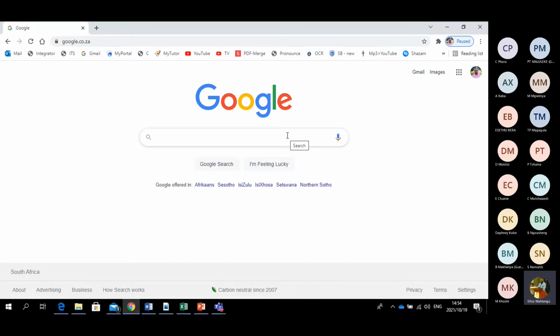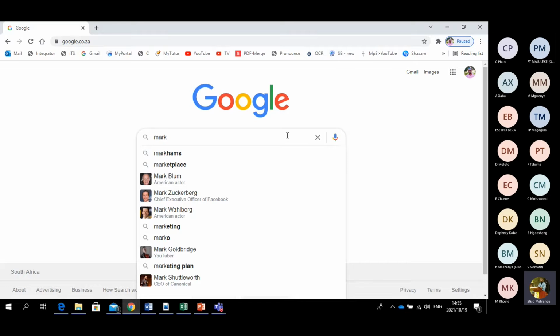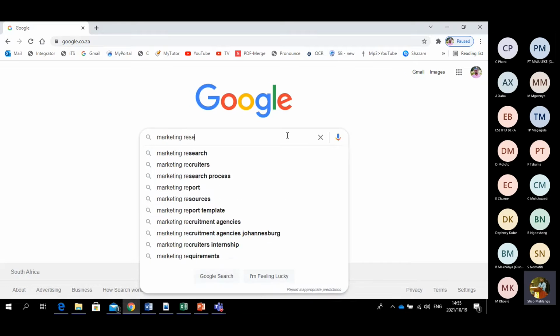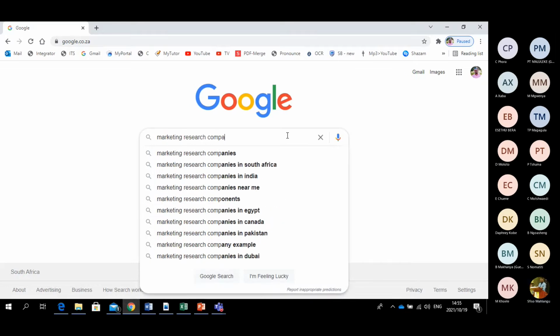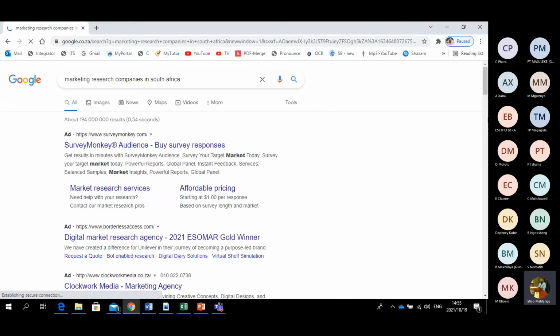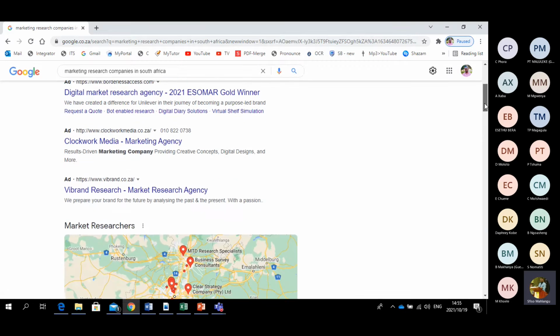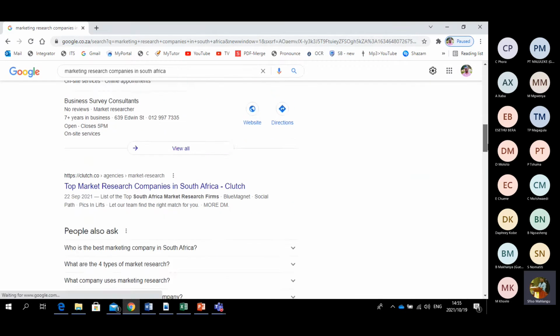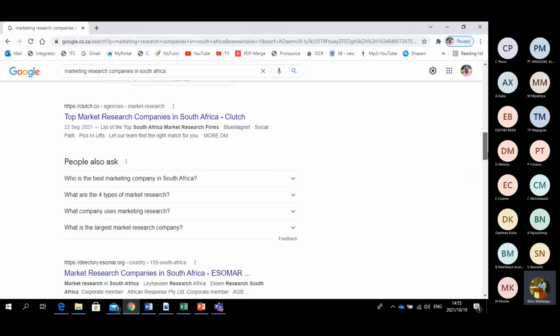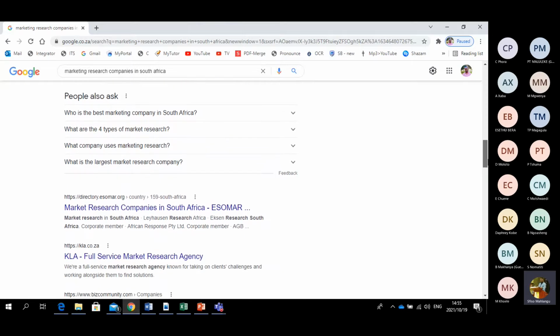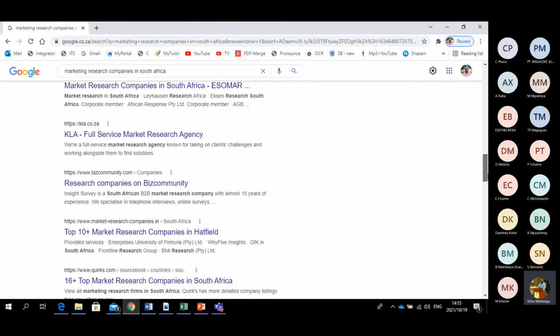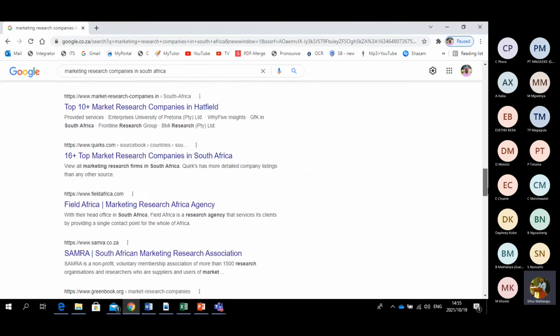You can start your own company, for example. Let's quickly run a Google search here: marketing research companies. So for example, here in South Africa, some of them you're quite familiar with. Most of the time when they do advertisements on TV, they write a disclaimer on how they collected data.